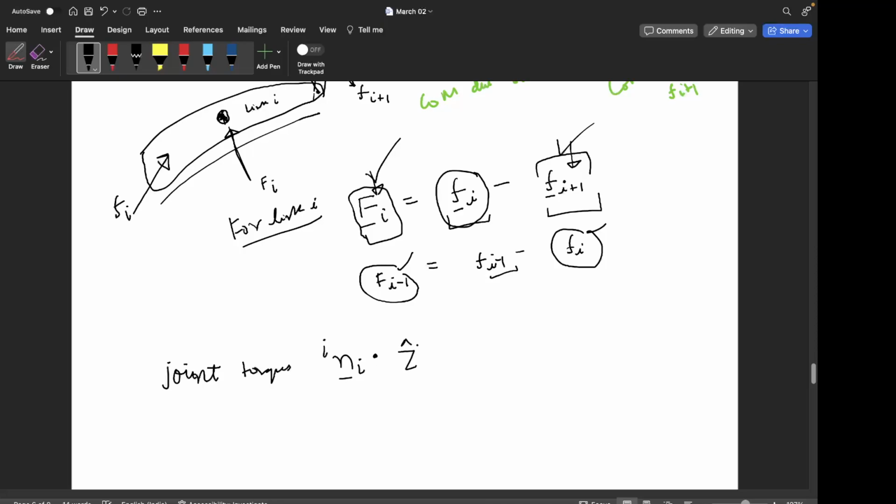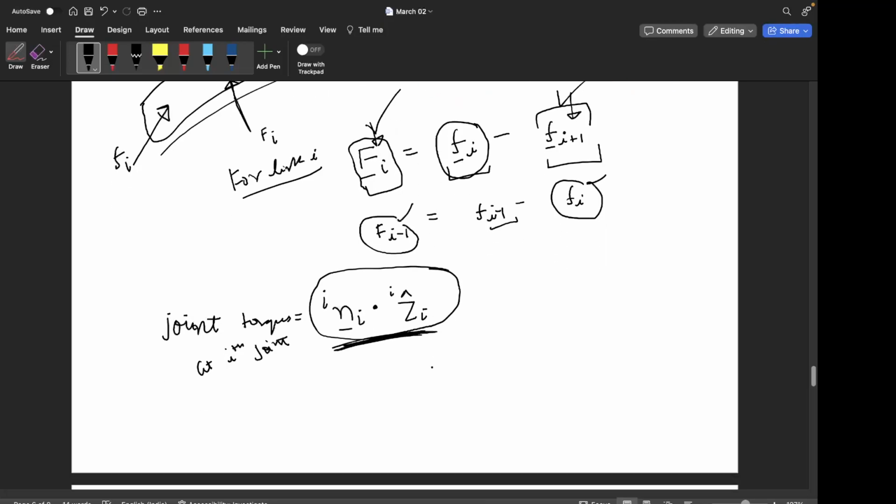It will give us the component of this ni vector along the z axis, and that will be the joint torque of the ith joint. So this is the joint torque at the ith joint, right? So this is the final result which we wanted to have. This is tau i.